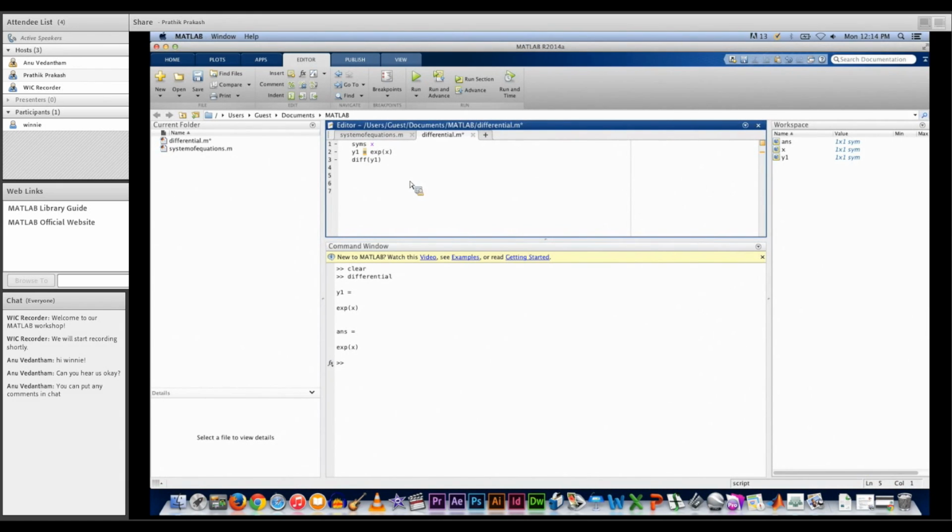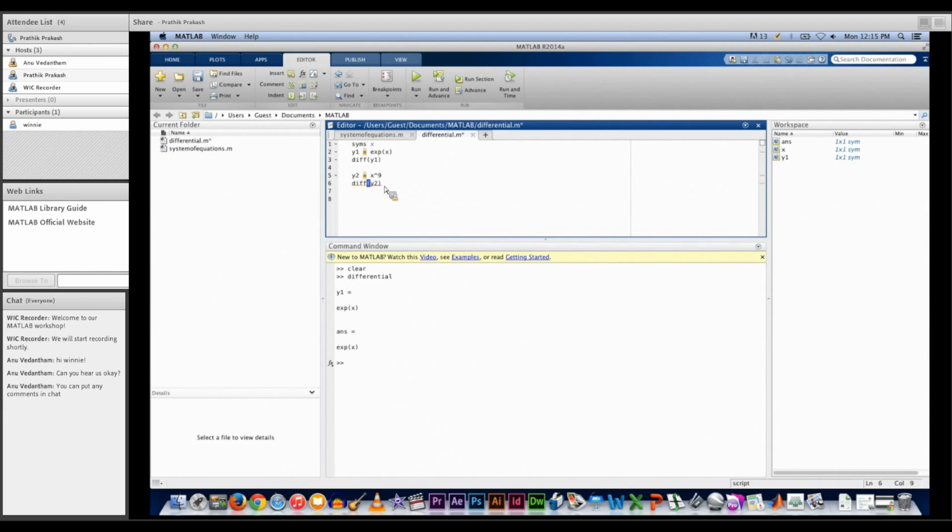So moving on, let's just see how to solve other equations. Since x is already a symbolic value, we can just start writing equations with that. y2 is the function, and it has the value x to the power 9.